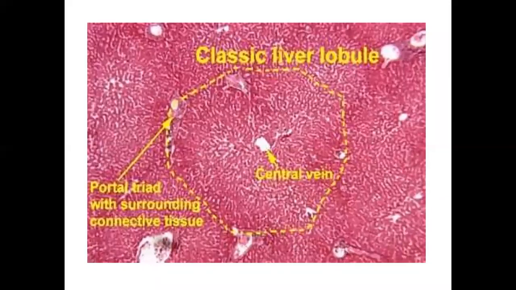So here is the histological micrograph of liver lobules. You can see the portal triad here. This is the central vein. These are the cords of hepatocytes radiating outwards from the central vein. In between them are the hepatic sinusoids.